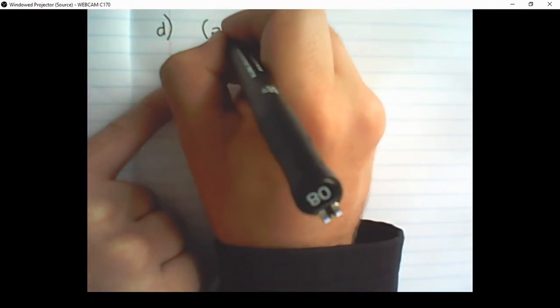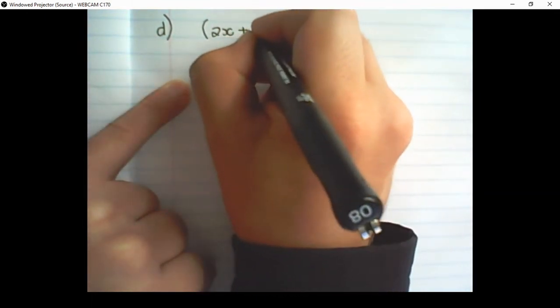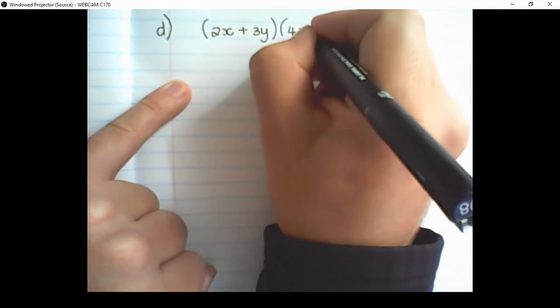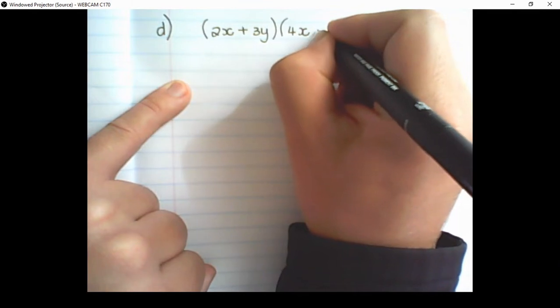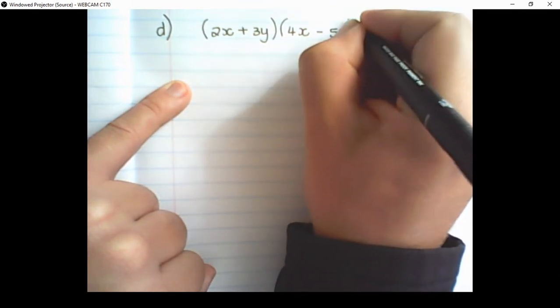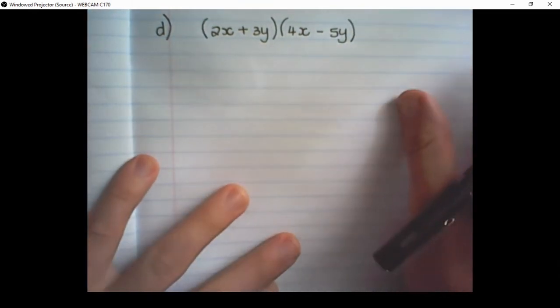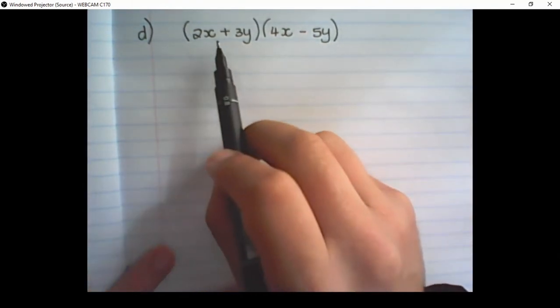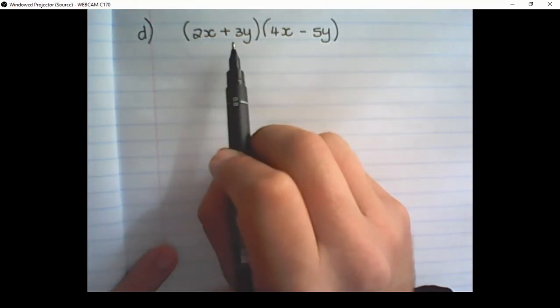In our fourth example, we have 2x plus 3y multiplied with 4x minus 5y. The same counts as the previous example.